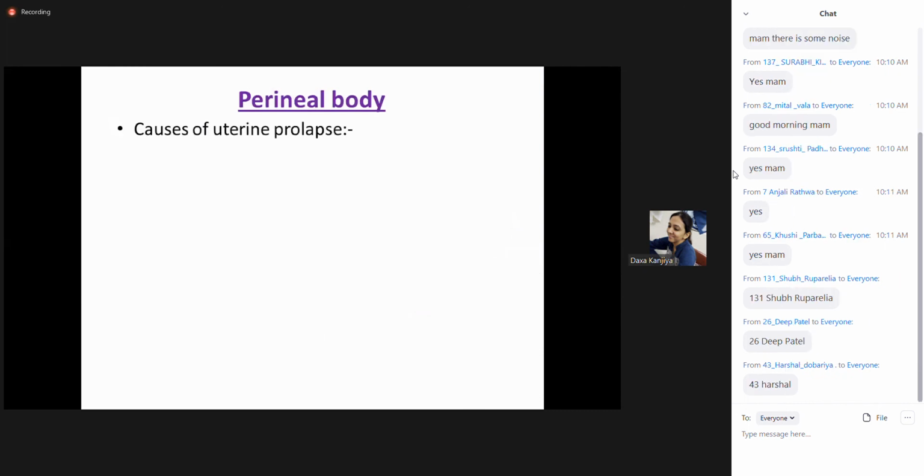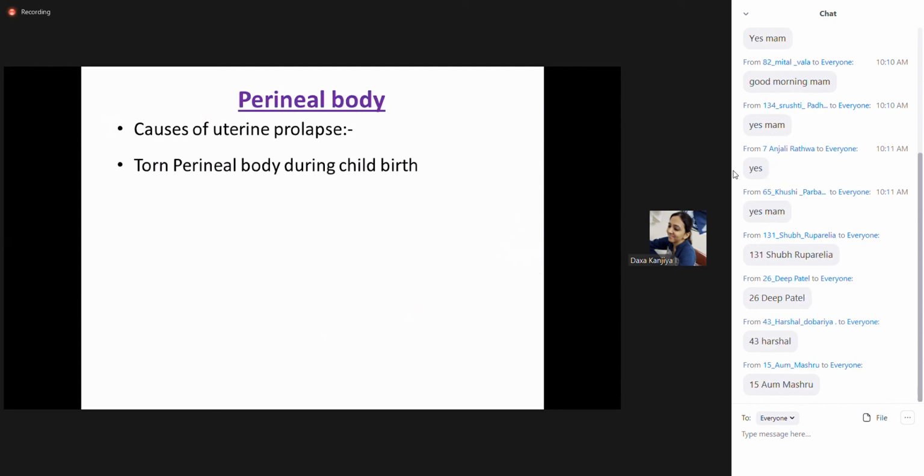So what is the most common cause of uterine prolapse? That is due to loss of tone of the perineal body during repeated childbirth, during repeated vaginal delivery.